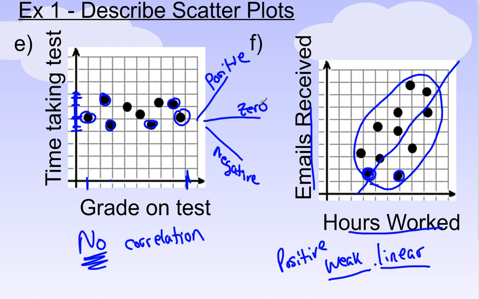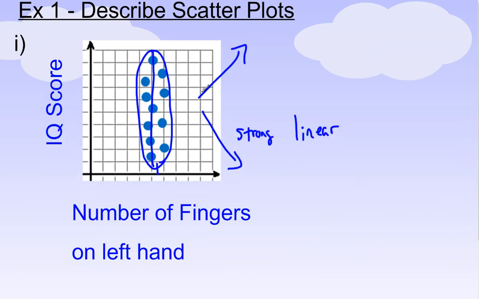The zero correlation here, or in this case, there's no slope. Vertical lines have no slope. The slope is undefined. There is no slope, so there is no correlation. No correlation.